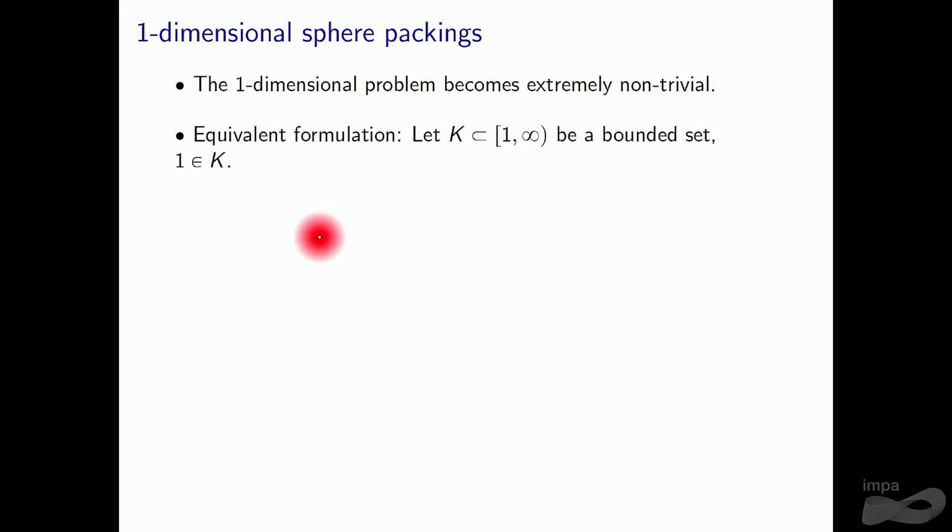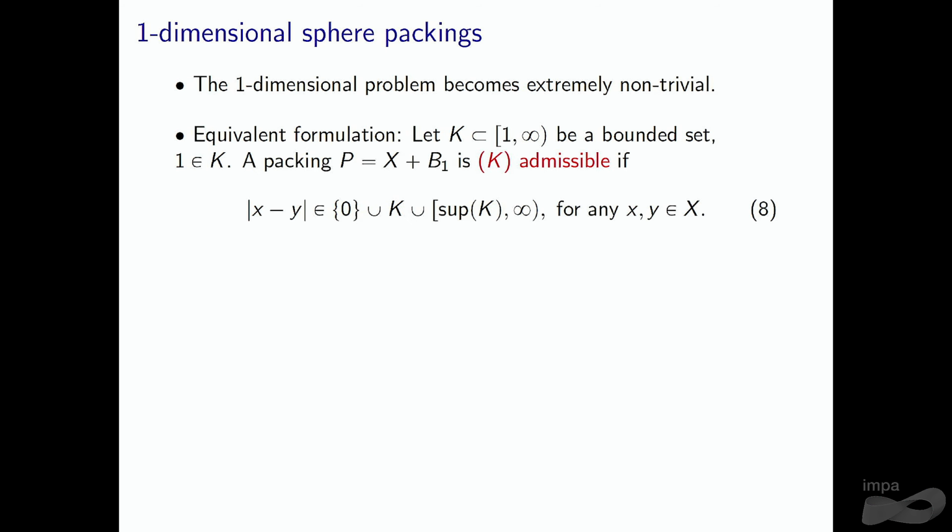So let K be a bounded set in this half line, such that it contains the point 1. And we call a packing K-admissible if for any two centers in your set of centers, their distance is either 0, or belongs to K, or it's larger than the supremum of K.